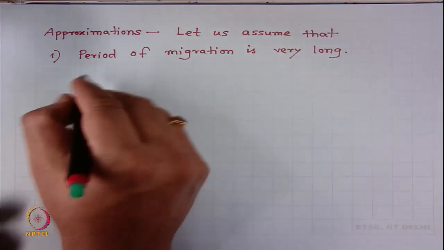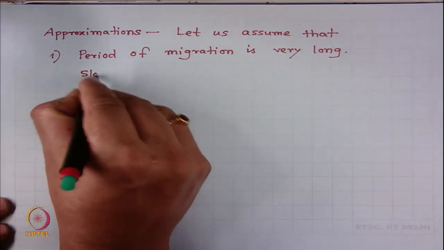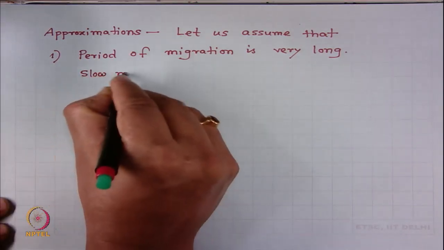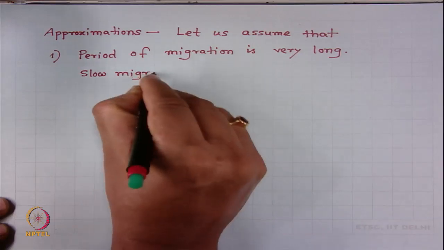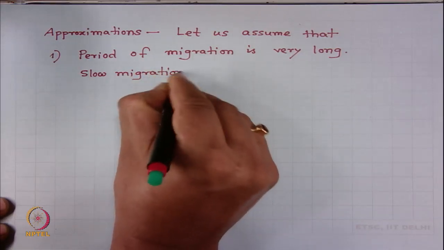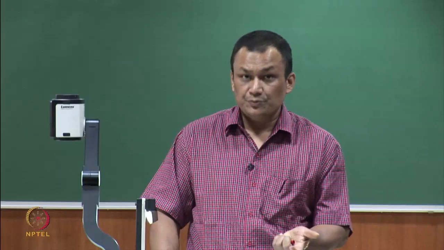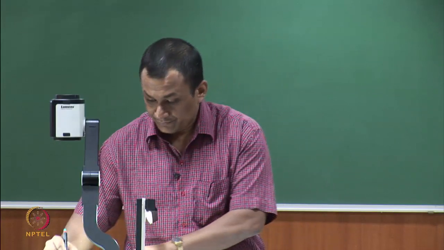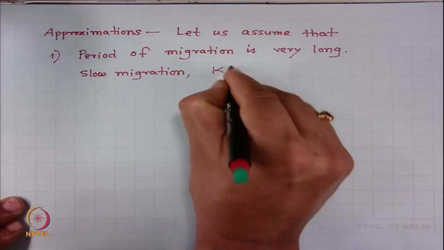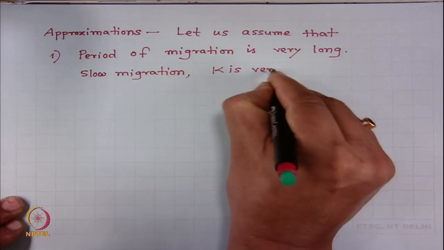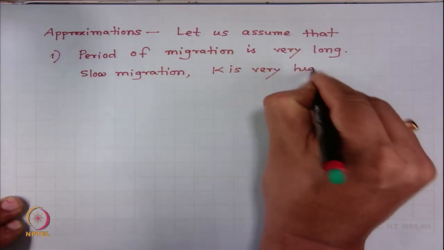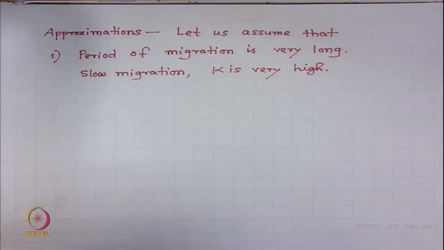What does that mean? Slow migration. If the period of migration is very long, k is proportional to p. So, k is very high. So, this is our first assumption.